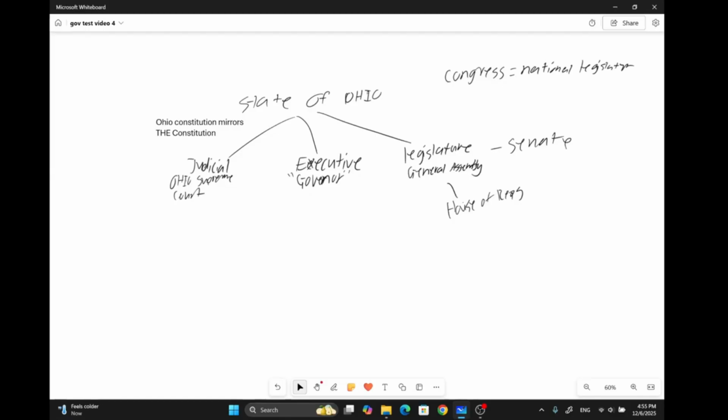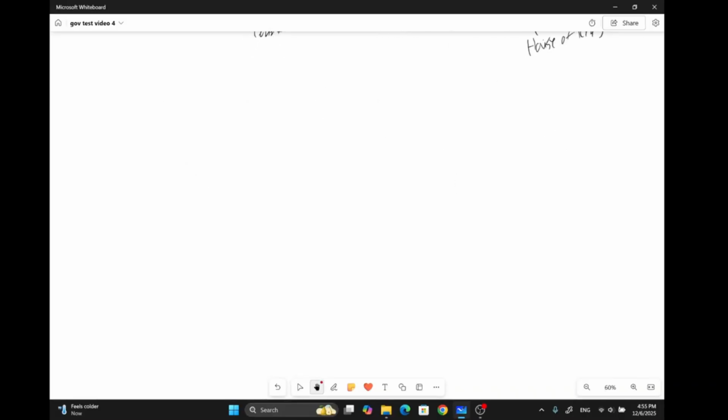Okay, so on the test, it's going to talk about the differences in the Ohio Constitution between the one from 1803 and the one from 1851. So we'll start with the 1803 Ohio Constitution.